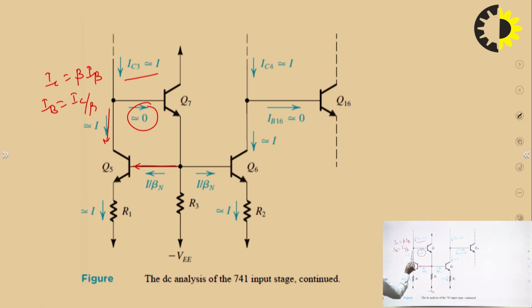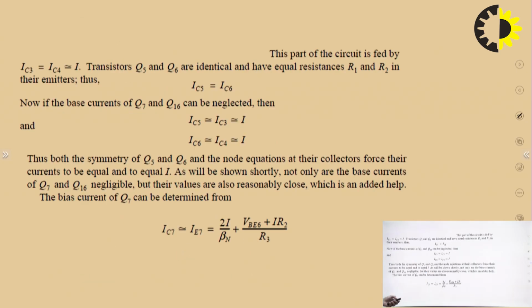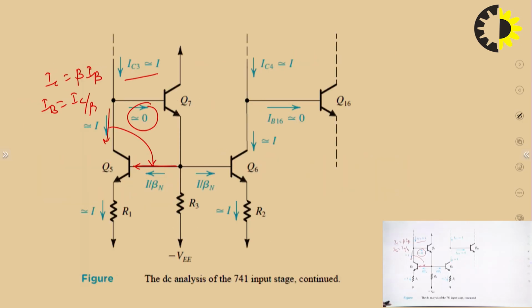So you know I is the collector current, then the base current will be equal to I upon beta. Similarly, this current will also be equal to I upon beta. This current will be equal to I. This current will also be equal to I. So in this way, we can find out IC5 and IC6.